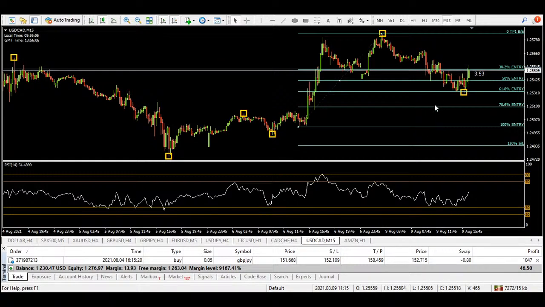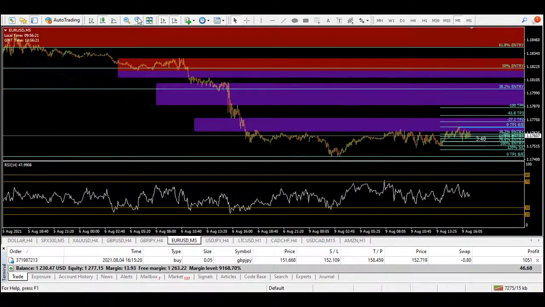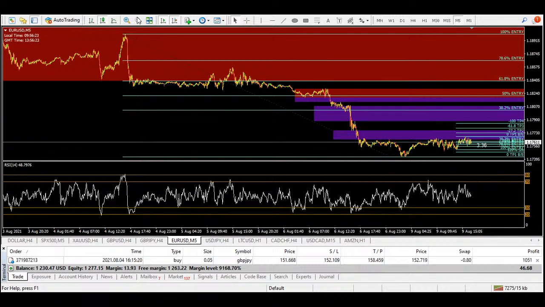So USD CAD is kind of in line with the consensus. But Euro, we're pretty much in an uptrend type pattern. It's just been pushing up.